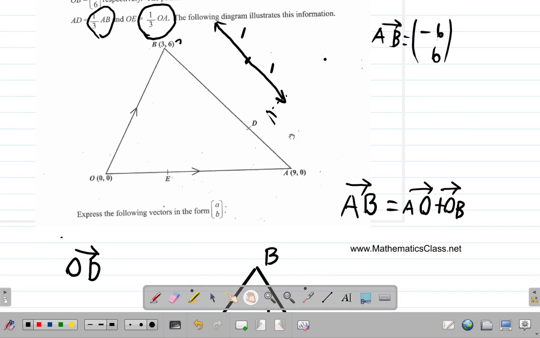We want OD. Here, OD is this vector. So our vector now looks like this, and it is a resultant. What two vectors do you add to get OD?